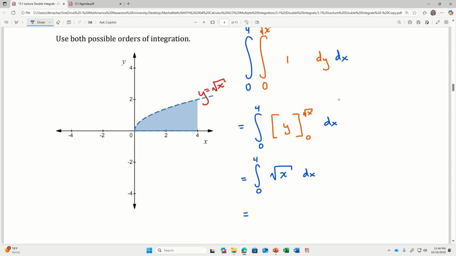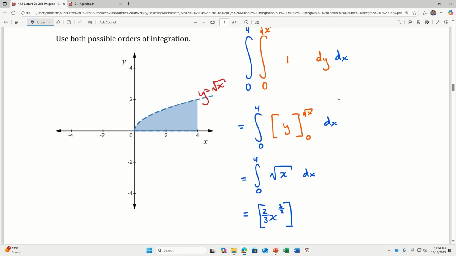And of course, the antiderivative of the square root would be x to the 3/2 power divided by 3/2, which you remember from 6th grade, that dividing by a fraction is the same thing as multiplying by the reciprocal.